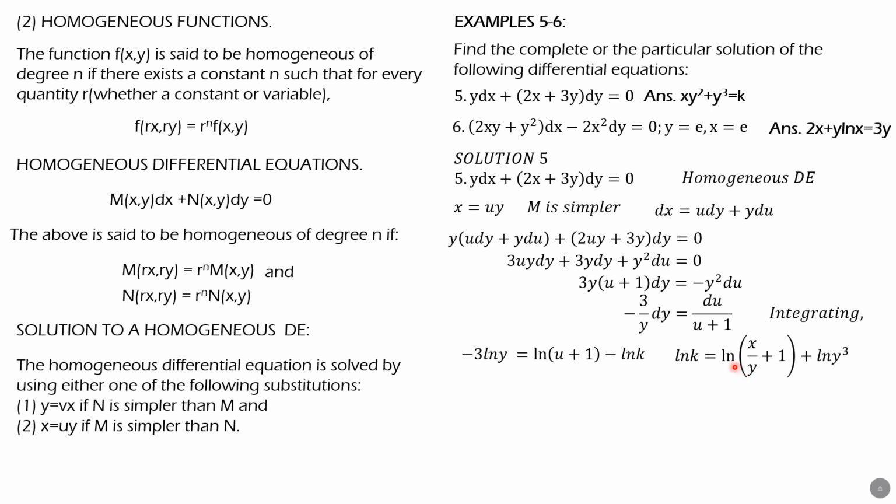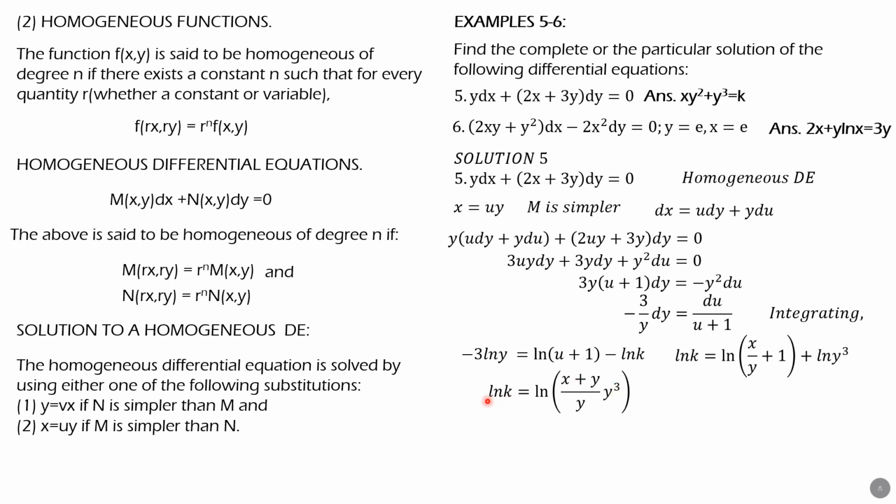Then if we simplify, the right side is ln of (x plus y) over y, then times y cubed. We write this as a single ln. So ln of k equals ln of quantity (x plus y) all over y times y cubed, which simplifies to ln of (x plus y) y squared.